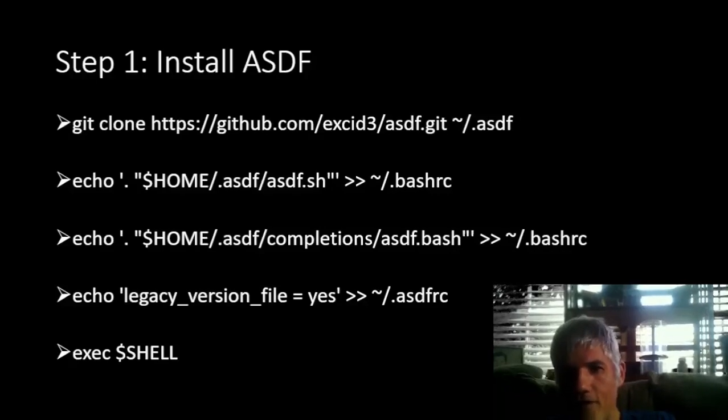And we pass along the address of the repository as well as the local directory in which we wish to install the ASDF package version manager. Then we use the following echo command to append the configuration option to our bashrc profile, and then we finally issue a Z shell to reload our bash profile into our current terminal session.